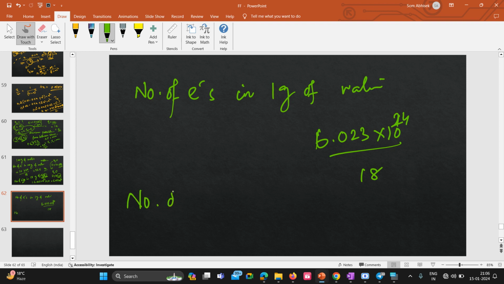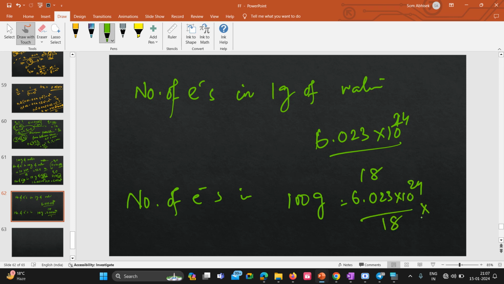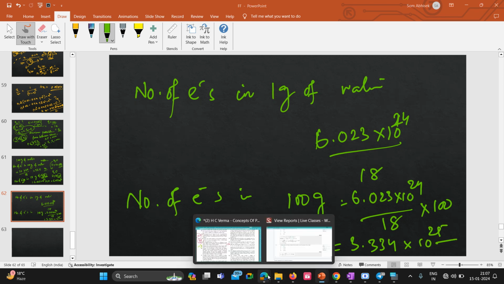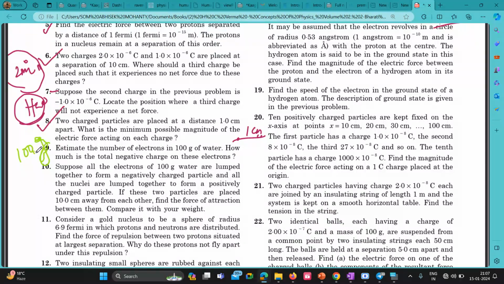So we need the number of electrons in 100 gram: 6.023 into 10 to the power 24 by 18 into 100. Just the unitary method we did. If you calculate it, it will be 3.334 into 10 to the power 25. Right? That will be your answer.